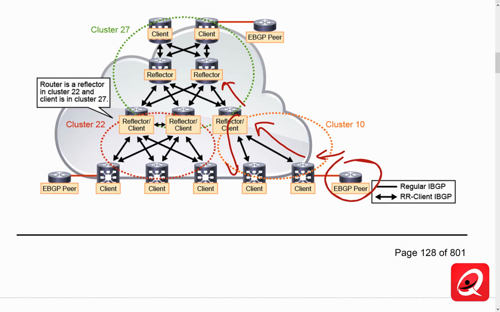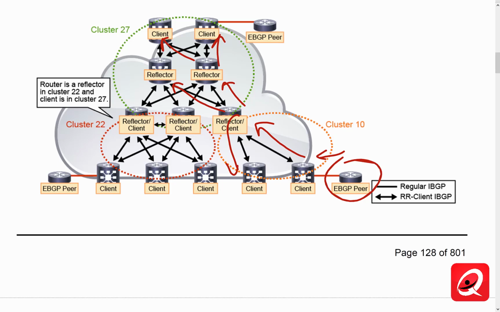But additionally, that information is going to be reflected to the other reflectors. They're not acting as route reflector clients. They're just basically fully meshed iBGP speakers, but they'll still receive that information. All right, and in turn, that information is then going to be sent to those clients as well. But you can see where this can get rather complicated.